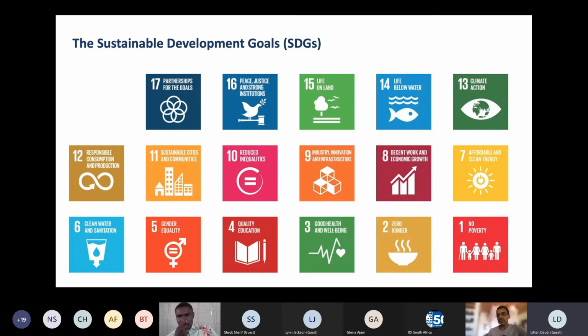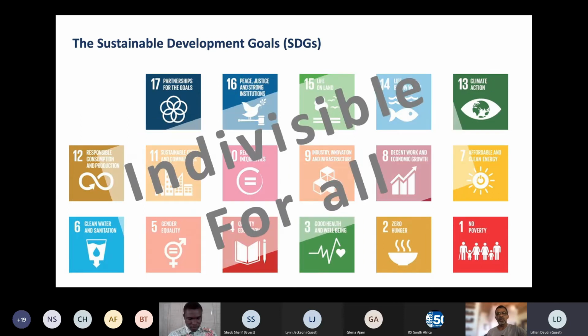I think there's a couple of key things about the Sustainable Development Goals that are really important to consider. And this is true for sustainable development more broadly. And this is really that while there are 17 of these goals, they're really indivisible. You can't achieve them singly or in isolation from another.